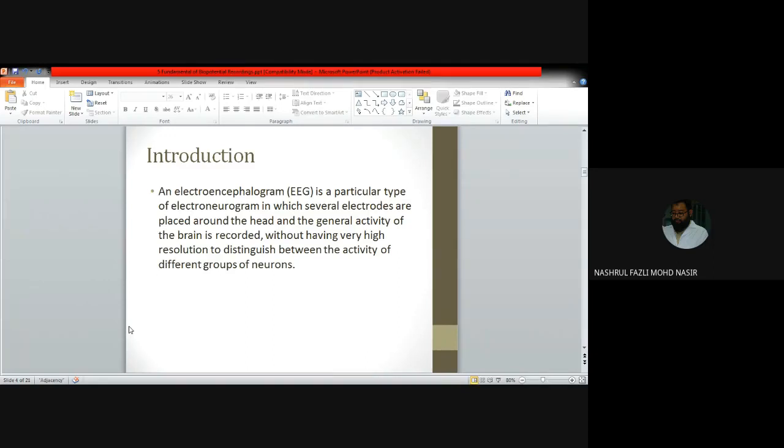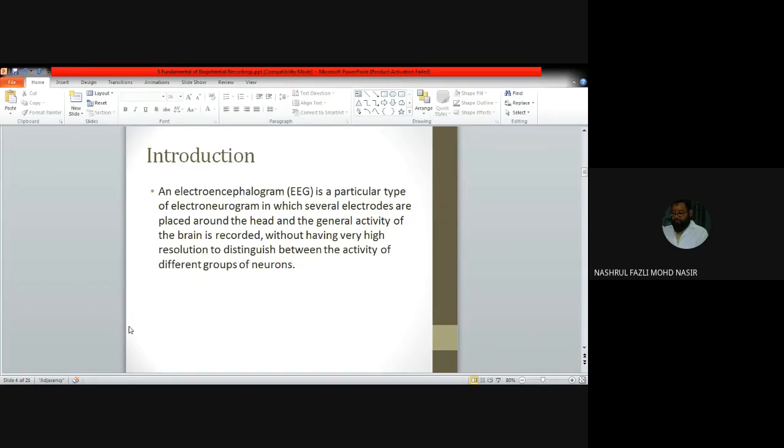EEG is a particular type of electroneurogram in which several electrodes are placed around the head and the general activity of the brain is recorded, without having very high resolution to distinguish between the activity of different groups of neurons. As usual, when people first want to record it, they want to see whether a few electrodes are enough, or whether we should have this many electrodes.